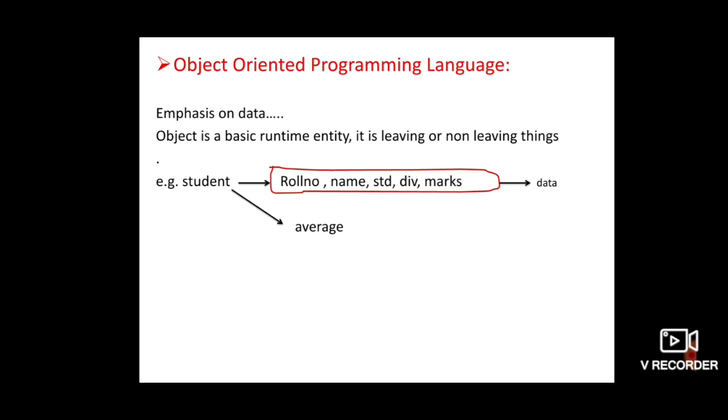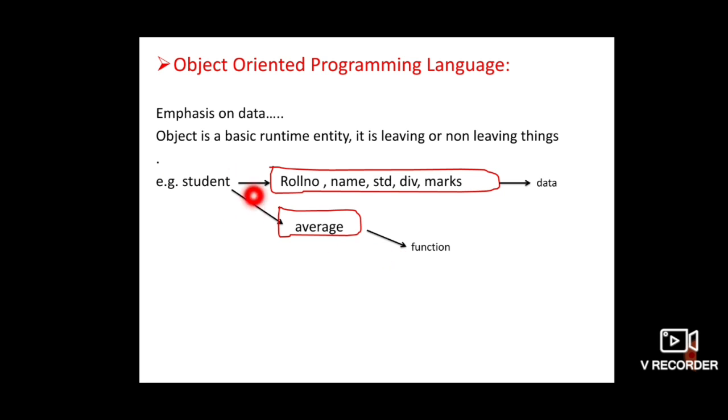And since I am calculating the average of a student, an average function is used here. So student can be divided into data and function. Every object has its own attributes, its own parameters, and its behavior, which in programming terms is a function.